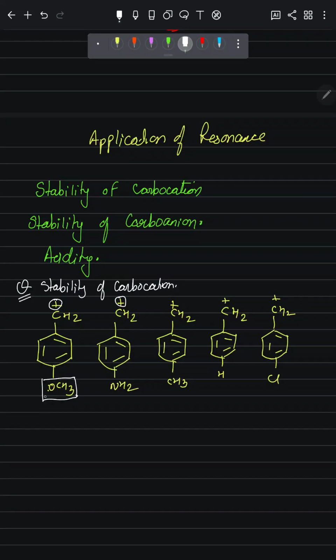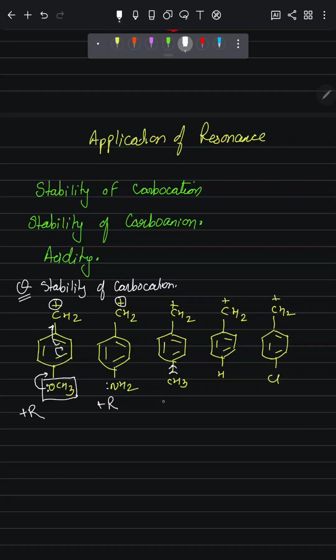This is an electron donating group which donates this electron density all the way from here to here. So this is the plus R effect. This NH2 group also has a lone pair, it will also donate electrons, so it is also a plus R effect. This CH3, we know that it is also a donating group, but it does not have any lone pair of electrons, so plus R is not possible here.